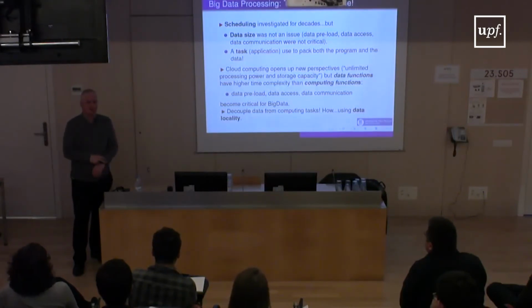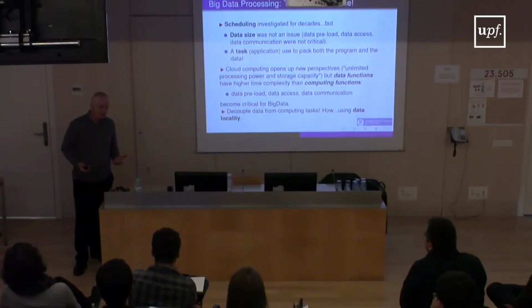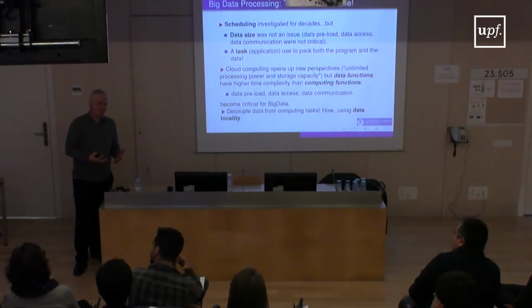So now, is it possible to do that in the big data case? Impossible. If you have 10 terabytes of data and you want to process it, obviously you cannot pack hundreds of gigabytes into one task, because the transmission time would be higher than the processing time. And if the transmission time is higher than the processing time, what's the point of using a distant node?